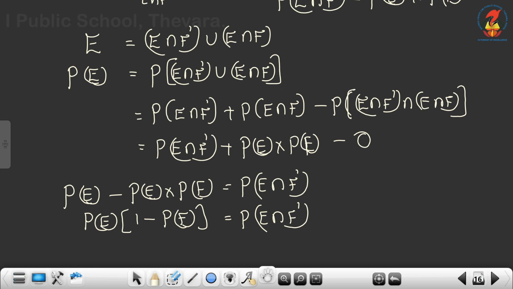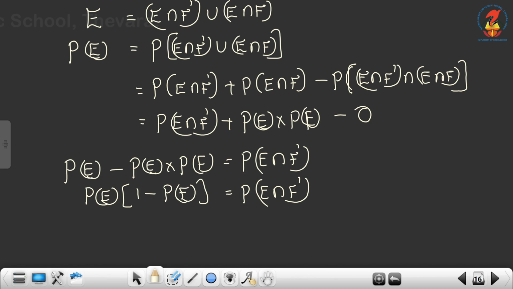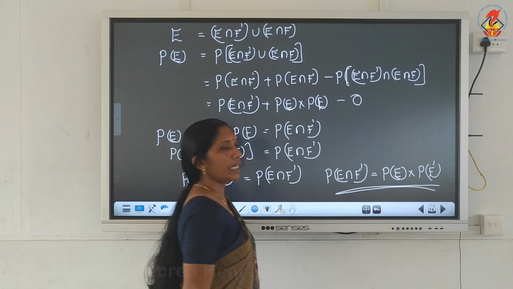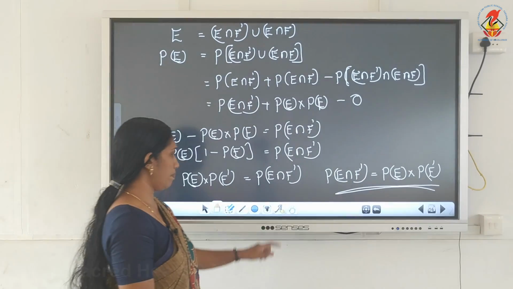So what is 1 minus P of F? That is the same as P of F dash, the complementary event. So P of E intersection F dash is equal to P of E into P of F dash. So what can we conclude? E and F dash are independent.